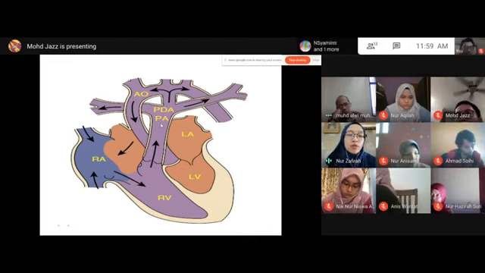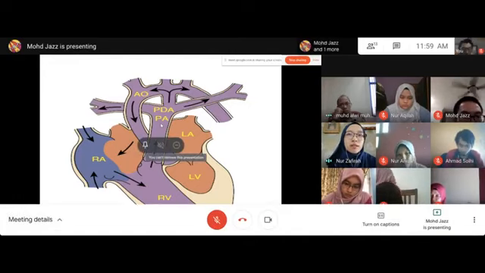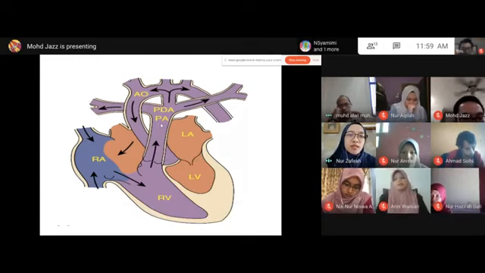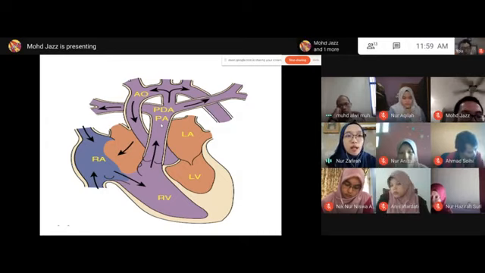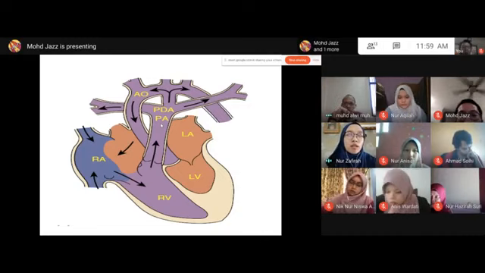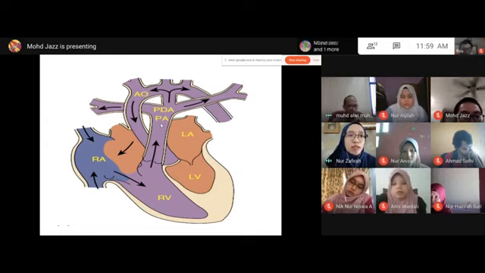So this hypoplastic left heart syndrome actually needs some connection, which is the patent ductus arteriosus, to make the blood flow into the aorta. If no patent ductus arteriosus, no blood can go into the aorta, so no supply of oxygen to the body.